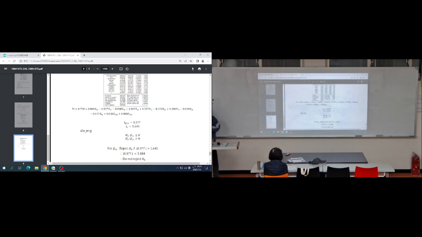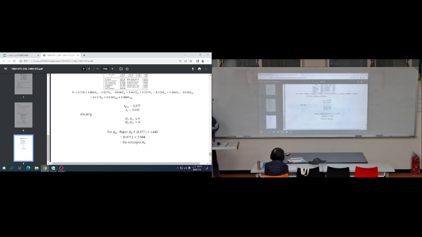Then, according to the questions, the expectation is positive. Then the critical value is 1.645 and the T value from the output. Look at the output.